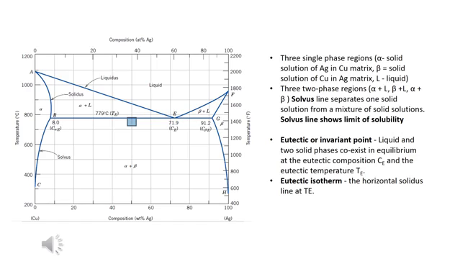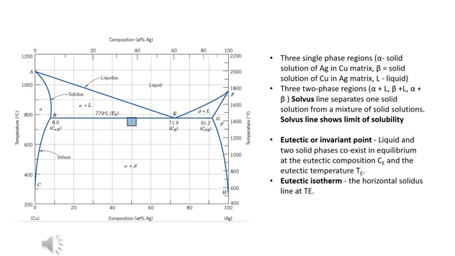Here is an example of a binary eutectic system. In this case, the phase diagram has copper and silver. In this diagram, we have three single phase regions, which are your alpha, your beta, and the liquid phase.